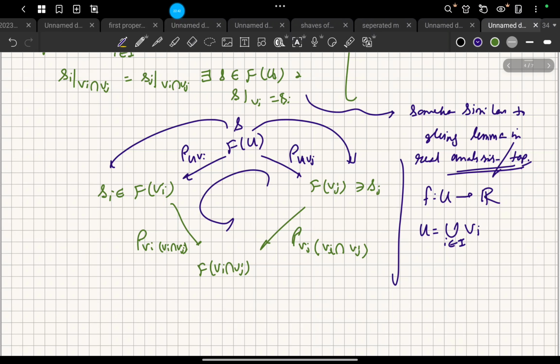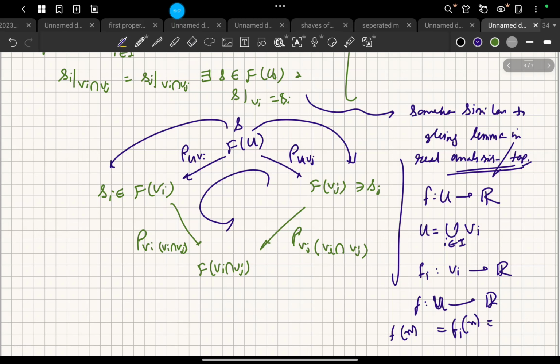So it is enough to define each fi from each Vi to R. These are continuous functions or any mapping. Then we can glue them up. We just take f as a mapping from U to R such that f(x) is basically fi(x).